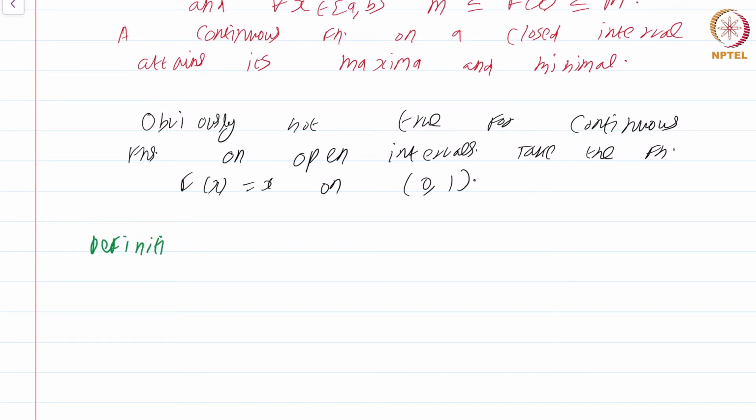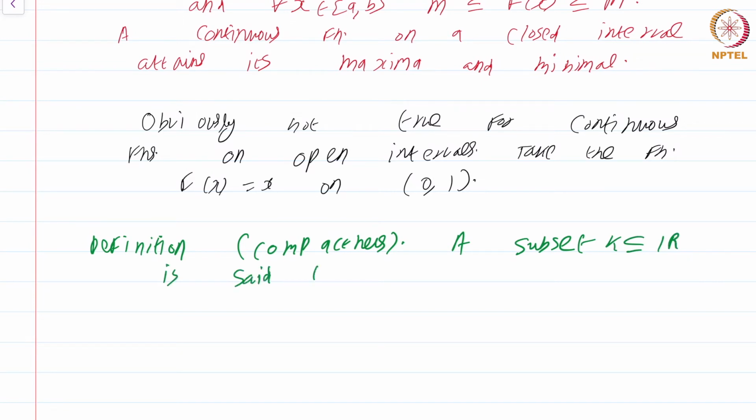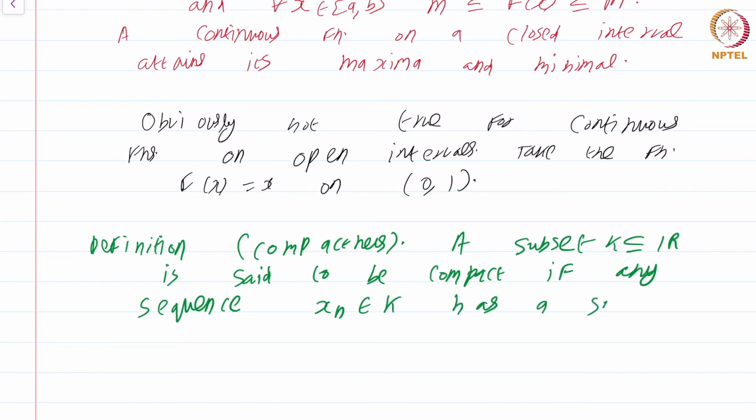compactness. A subset K of R is said to be compact if any sequence xn in K has a subsequence xnk that converges to x and this x must be in K. Let me just put a box around it.